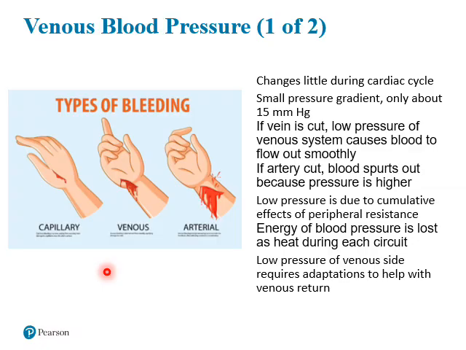The small pressure gradient of only about 15 millimeters of mercury is actually visible because when the vein is cut, this very low pressure would make the blood flow like it's only flowing out of the cut area. That's exactly how low that 15 millimeters of mercury pressure is, and that's the effect of that very low pressure.